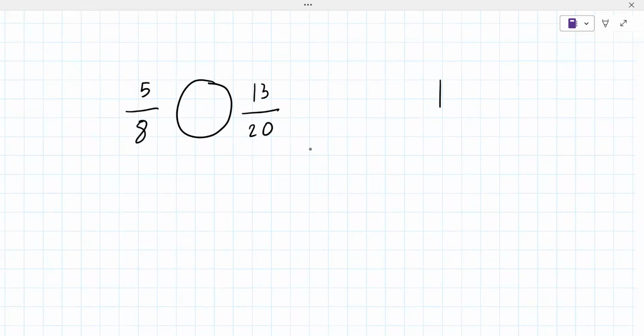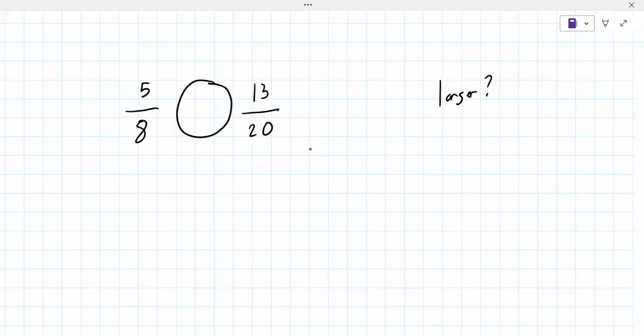So for example, let's say it was 5 over 8 and, don't make this too crazy, 13 over 20. Do you know which one is larger here, or how to figure out which one is larger?